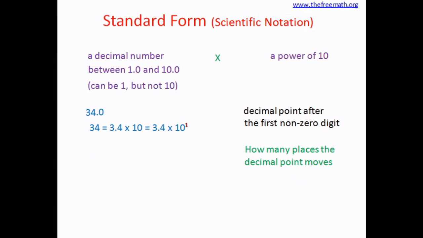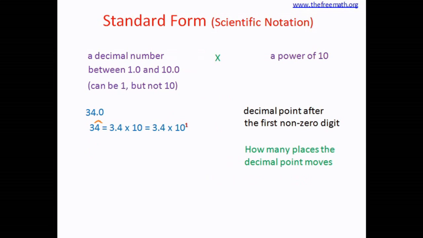The decimal point is after that number. So the decimal point is after 34. When you are moving the decimal point so that it comes after 3, the decimal point hops over the digit 4 and it comes right after the digit 3. That means you have moved the decimal point by one place.